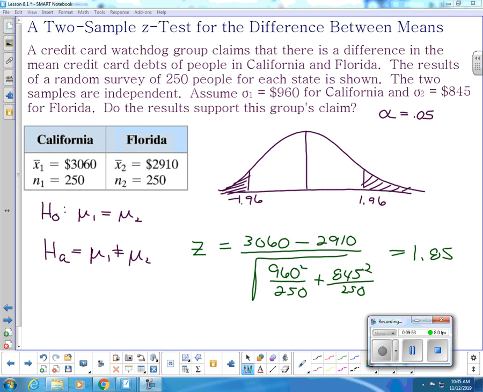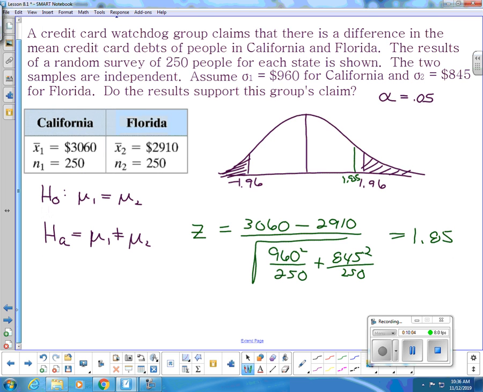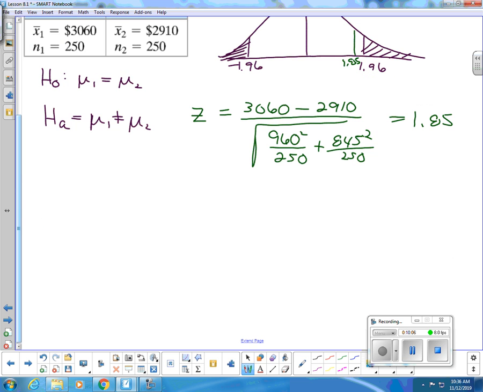So at this point, guys, if you're doing the rejection regions, you can just do this. 1.85, is it in the rejection region? No, it's not. So we do not have enough evidence to reject the null hypothesis. Not enough evidence to reject the null.